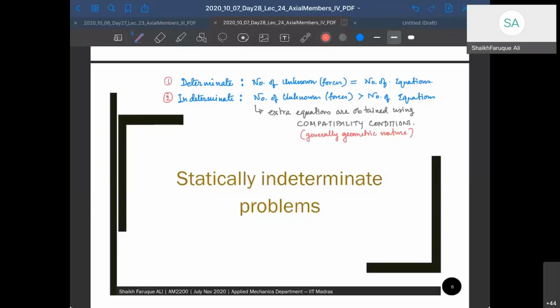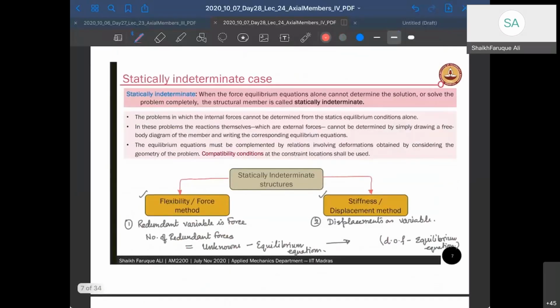Now there are two ways of doing this. There are two ways of getting this compatibility condition, and we learn both the methods. You may not get it in any book in as much detail as it is going to be taught in this class today.